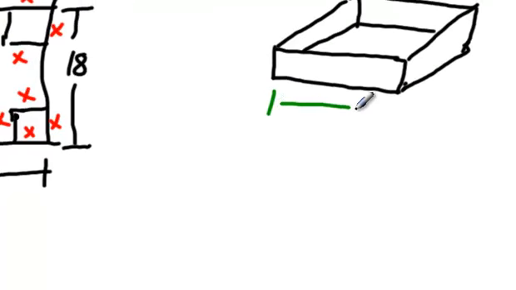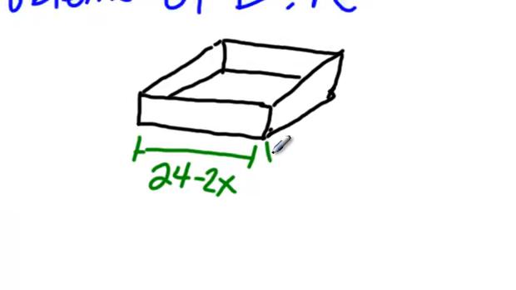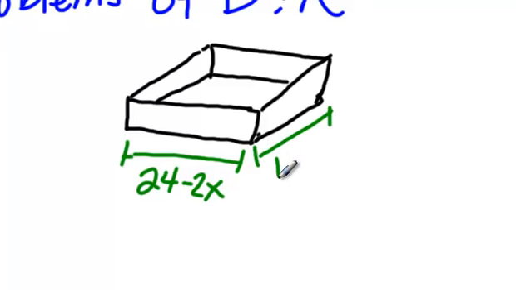So my length in green is 24 minus 2x. Hopefully you can see where the 2x comes from because we cut it out. Those pieces are now gone, so we cut those out. Same is true for 18, the width. It's 18 minus 2x because we cut that out. So let me draw that piece there. So 18 minus 2x. Okay?